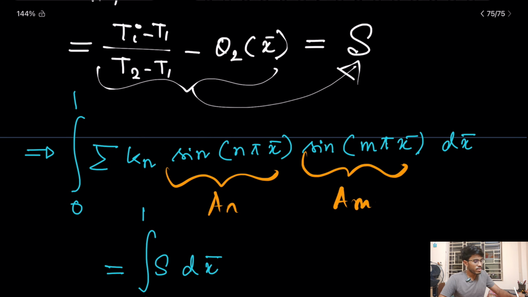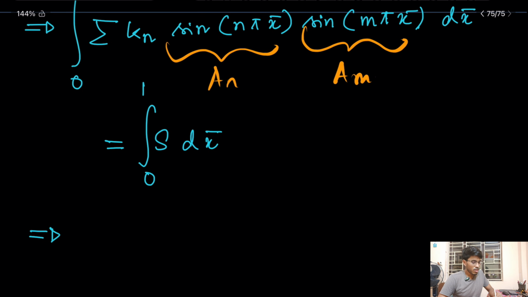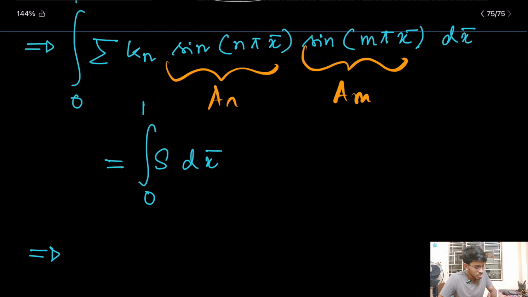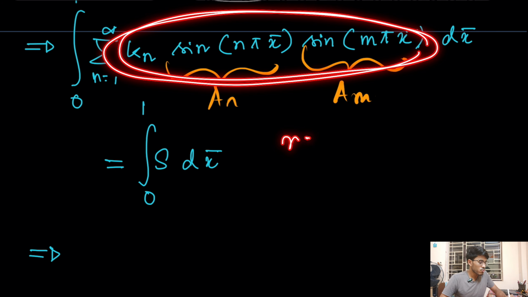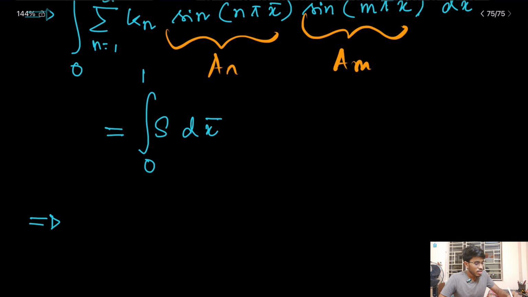Integration from 0 to 1. Obviously my x is a function of x bar, because my theta 2 is a function of x bar. So now you see what I can do: this is for n equal to 1 to infinity. Let me go step by step.